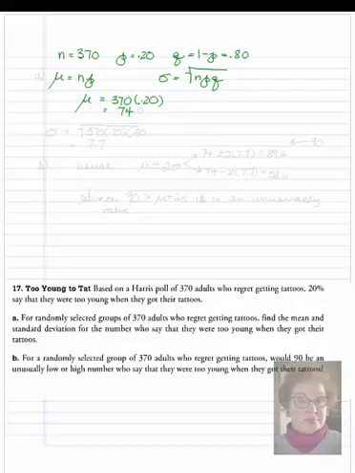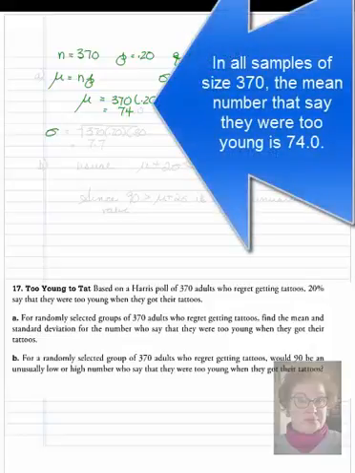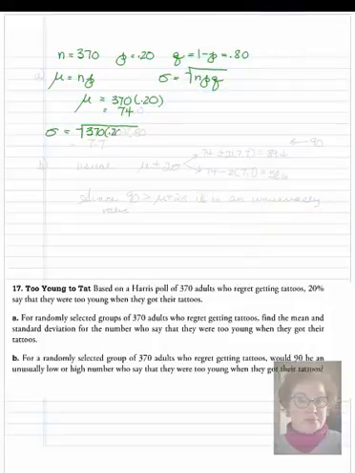The standard deviation will be the square root of n times p times q. So that is going to be 7.7. And again, we're going to take our values out to one decimal place because our data, the number in our sample, was to the nearest whole number.